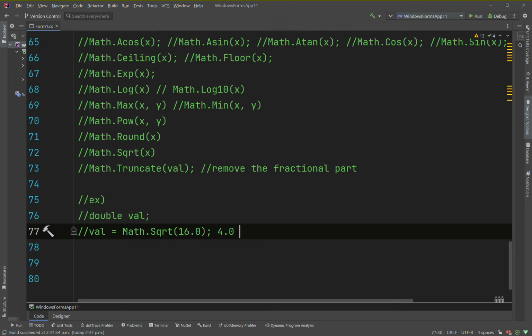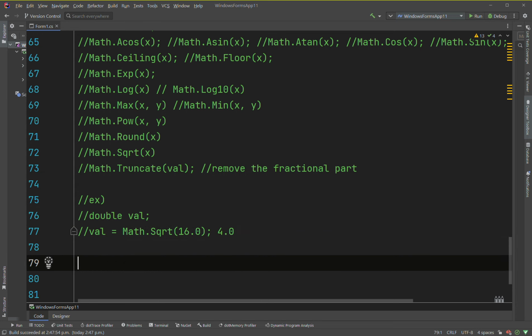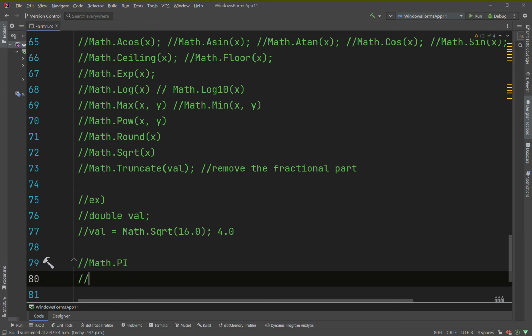So then there's also the Math.PI and Math.E named constants. The Math class also provides 2 predefined named constants. So we can delete this. Actually, we'll just leave it, maybe someone wants to copy it out. So Math.PI and Math.E, these are constants, so they're going to have a value.